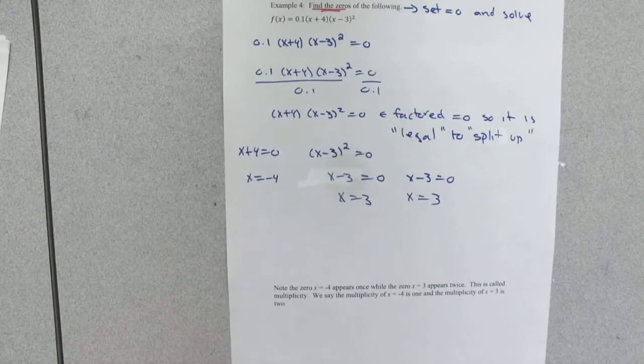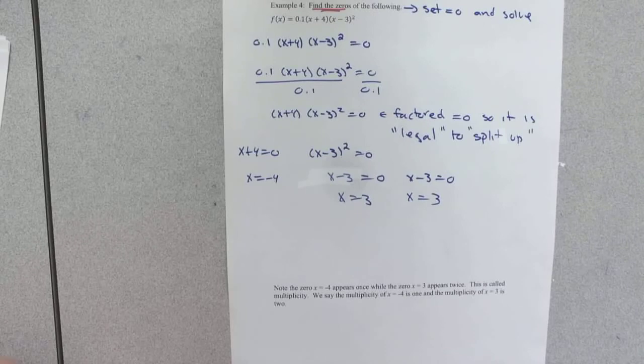And we have down here at the bottom, note that the zero x equal negative 4 appears once, while the zero x equals 3 appears twice. This is called multiplicity. The number of times a zero appears in an answer, that's the multiplicity.